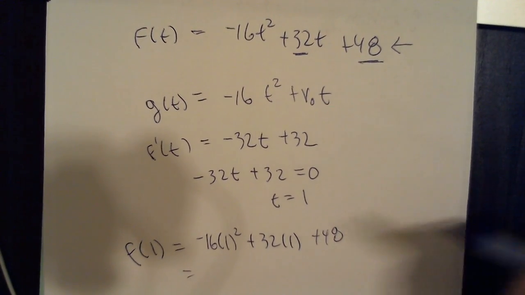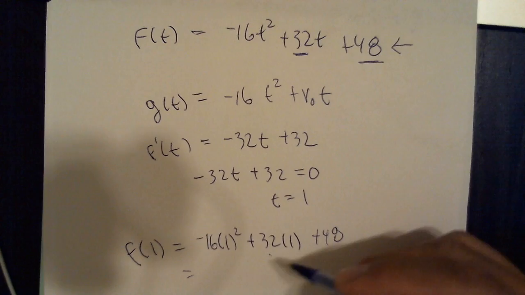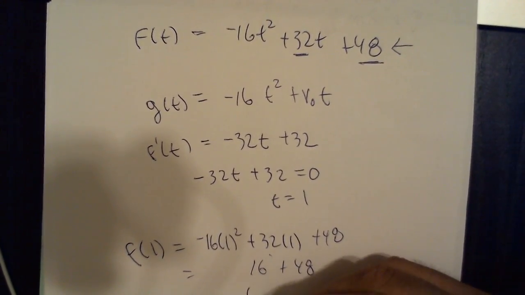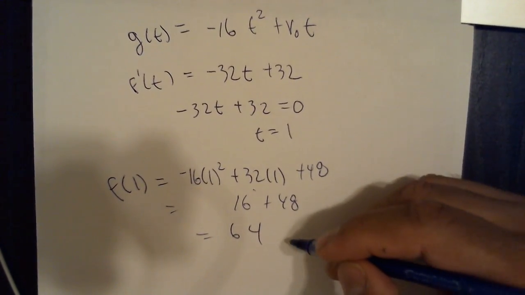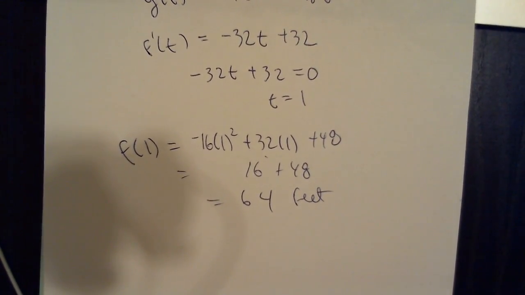Negative 16 plus 32 is 16, plus 48, for a total of 64 feet. So that is the maximum height reached by the first stone. Now let's go to our second function. If you're having trouble following, just let me know on the chat. Send me a question and I can backtrack or slow down.